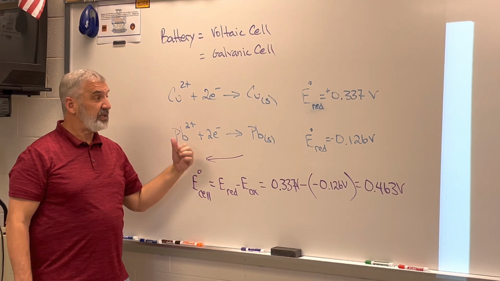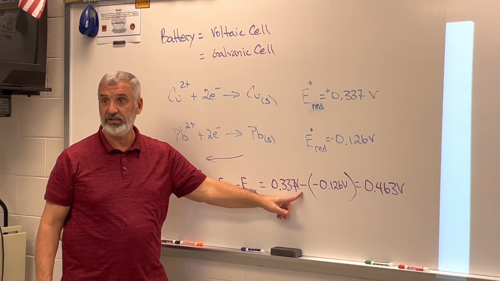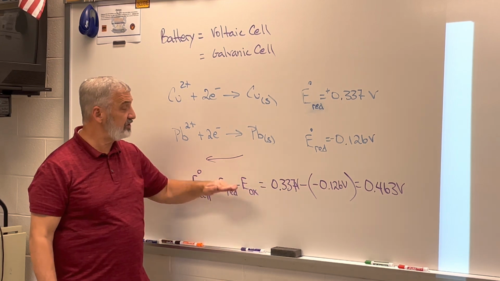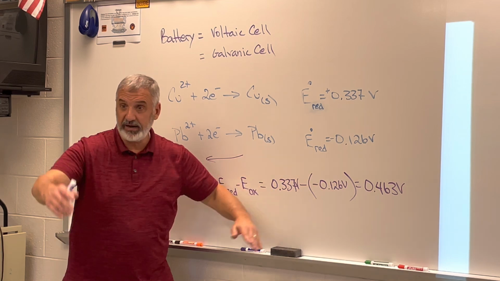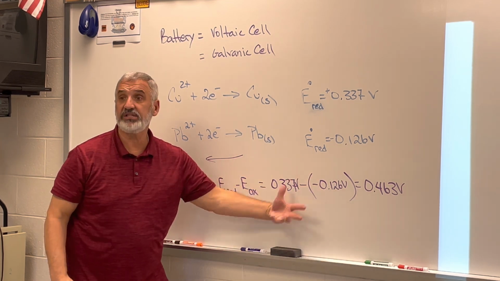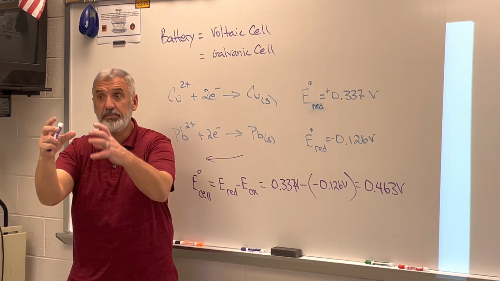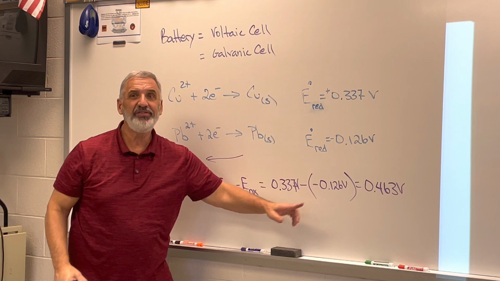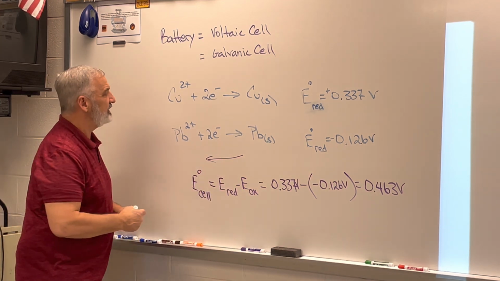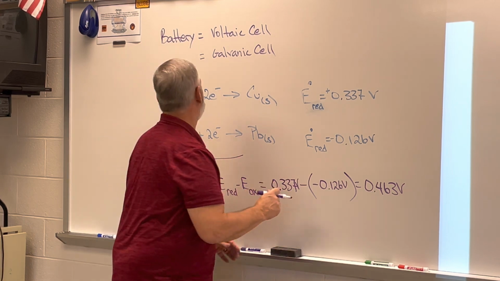But when you put a negative here, that automatically changes the sign for me. So we're always going to use E red minus E ox. You don't change the sign; this negative changes the sign for you. Whatever's in the book, whatever's in the problem, that's the value you put in. You don't change signs.